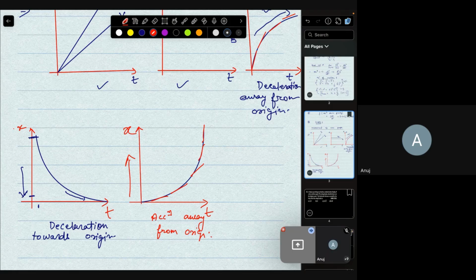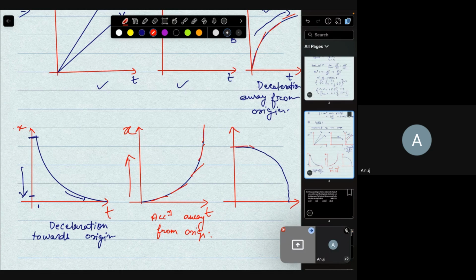Okay, one last type. Like this. What about this? Here you can see initially the slope was 0.